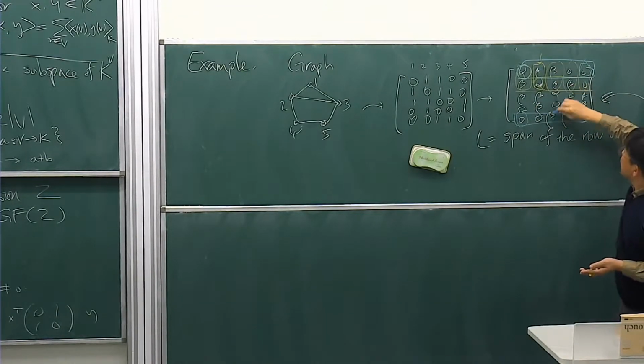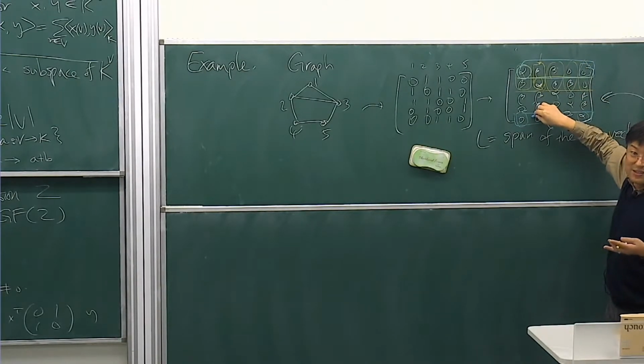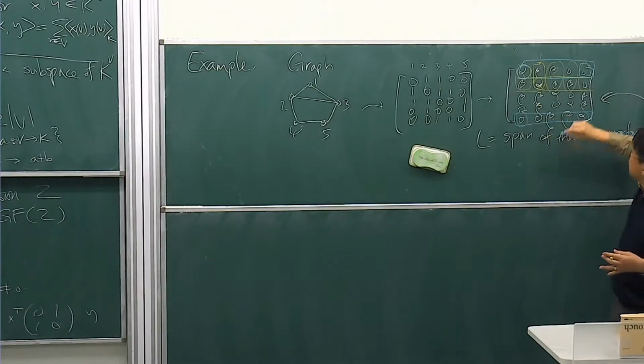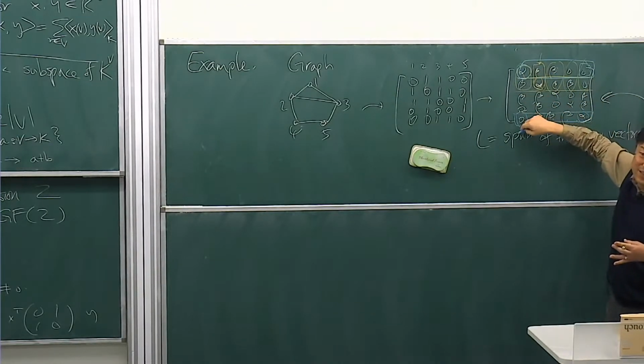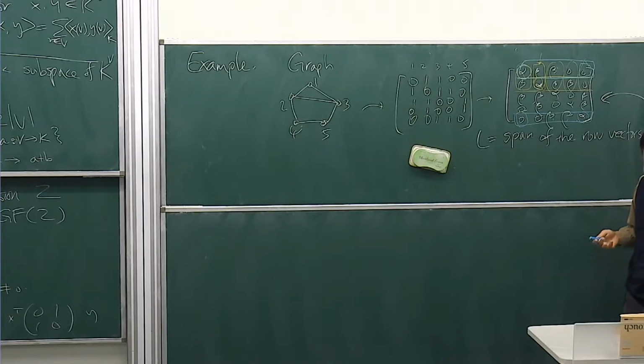For all other columns, it's either 0 or beta, so the inner product between them is 0, so they contribute nothing. So the only contribution to the inner product comes from these diagonal entries, but in this case it's 0 and 0. So either it's 1 plus 1 or 0 plus 0, depending on the adjacencies. So for any pair of these rows, the inner product is 0. So on the vector space spanned by these rows, the inner product will be 0. So that's why it's totally isotropic.